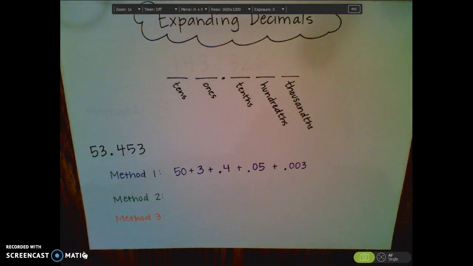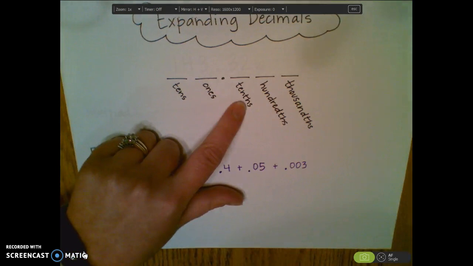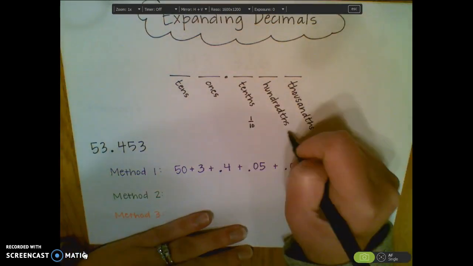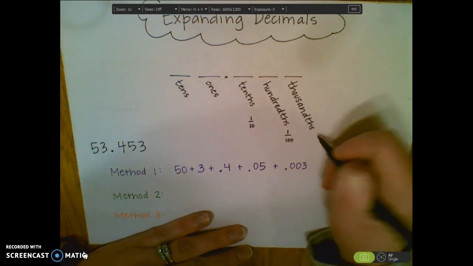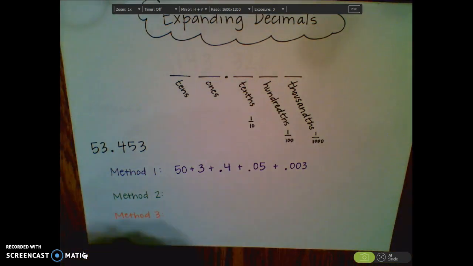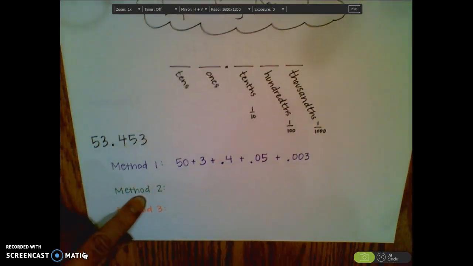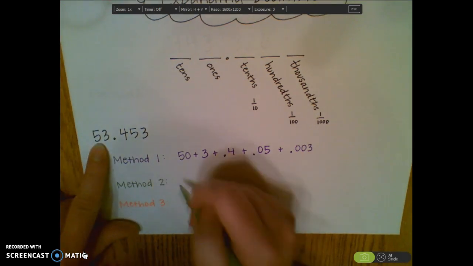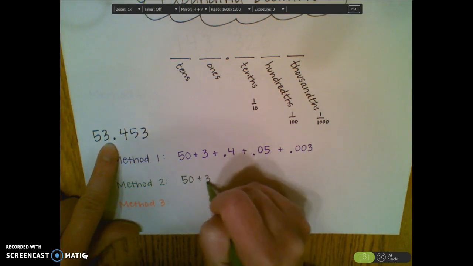Now the second way involves fractions, because remember, we can express tenths as 1/10, hundredths this way, and thousandths this way with a fraction. So now we're going to show method 2 with fractions. Again, I'm going to show my whole number, so this time I have 50, and the value of the 3 is still a 3.